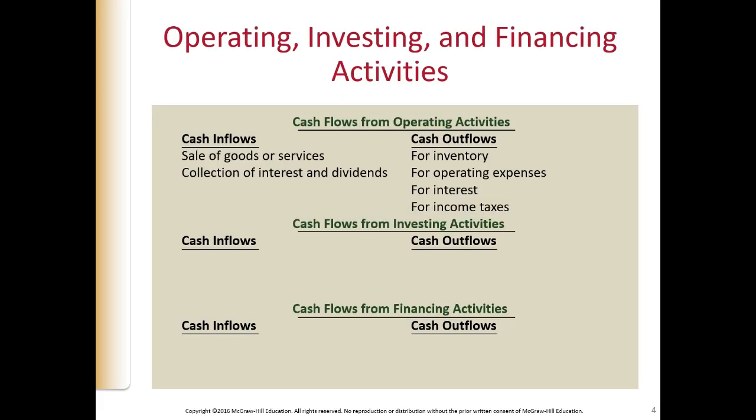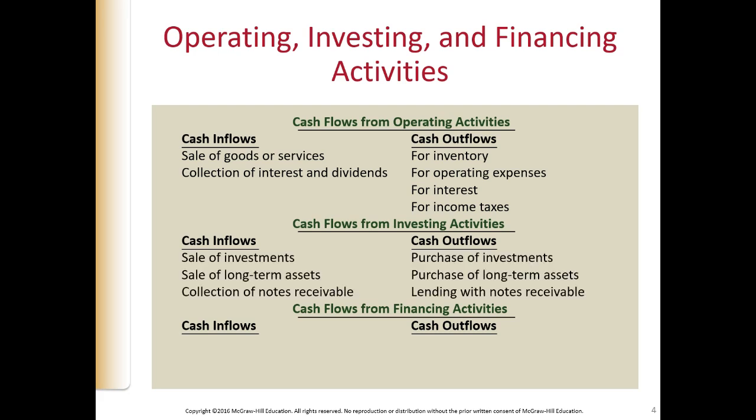Now in the first area, the operating activity section, this relates to cash coming in the door from the sale of goods or services, collection of interest and dividends, and cash outflow when we buy inventory, pay for operating expenses, and pay for interest and income taxes.